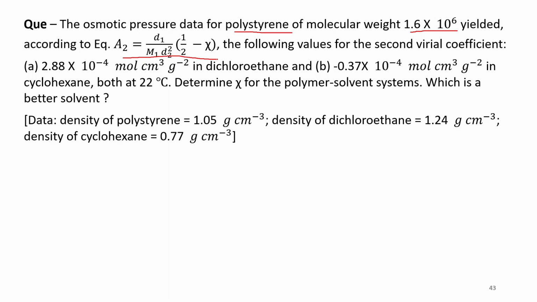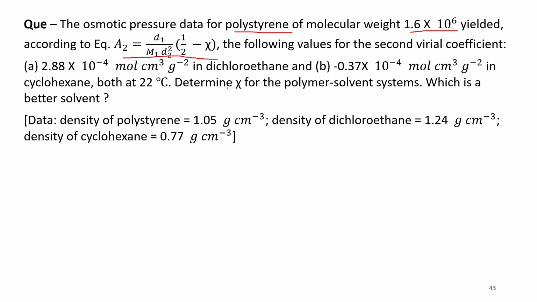The osmotic pressure data for polystyrene yielded, according to this equation, the following values for the second virial coefficient: 2.88 into 10 to the power minus 4 mole centimeter cube per gram square in dichloroethane, and minus 0.37 into 10 to the power minus 4 mole centimeter cube per gram square in cyclohexane. Both at 22 degrees Celsius.